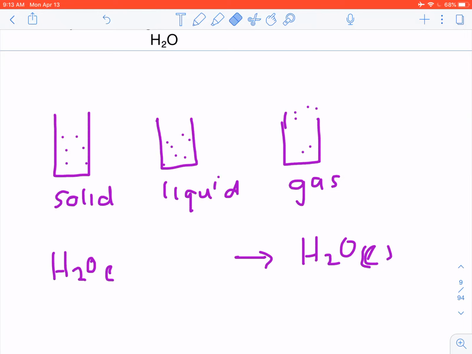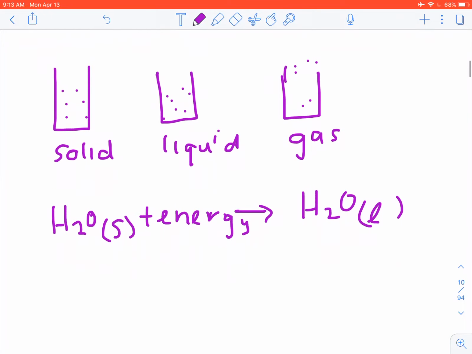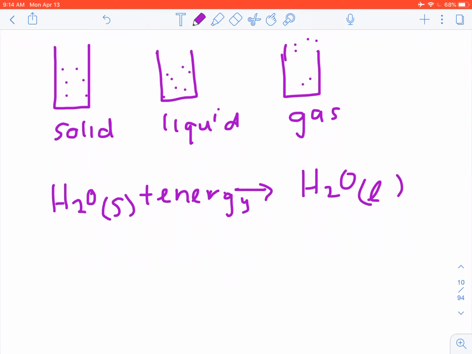If I change the solid into the liquid, we know that during that process it takes in energy. If you look at the water as our system taking energy from outside and becoming a liquid, we say that process is endothermic, right? We say the process is endothermic.